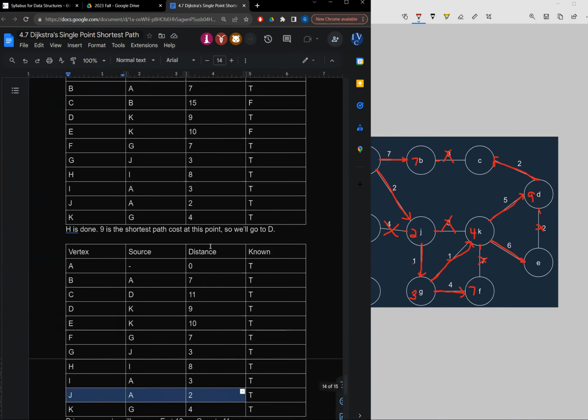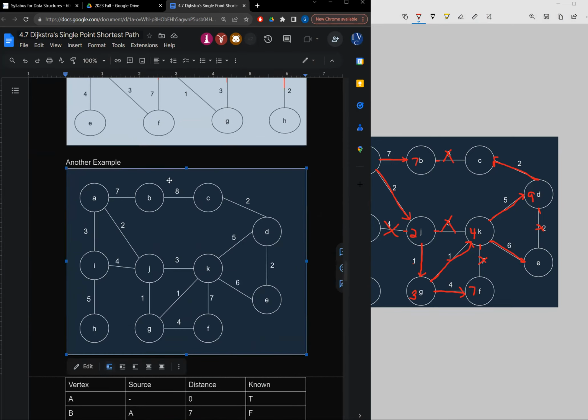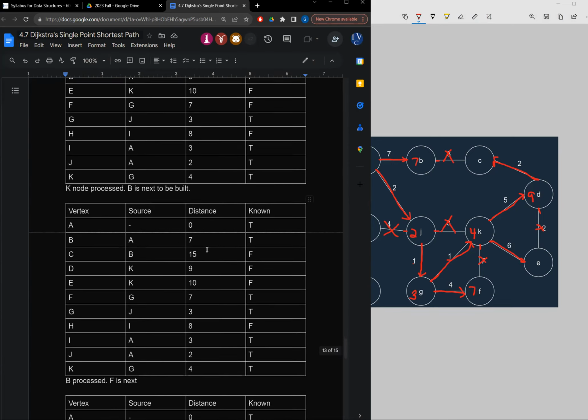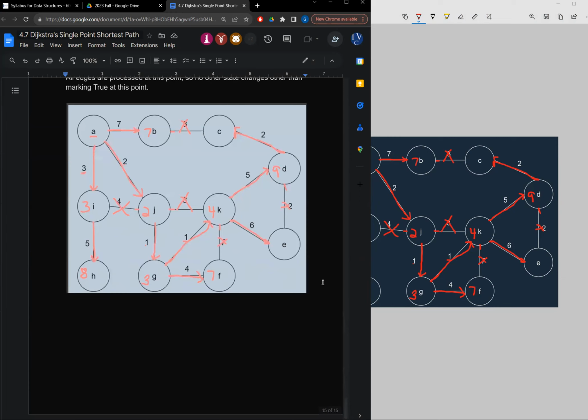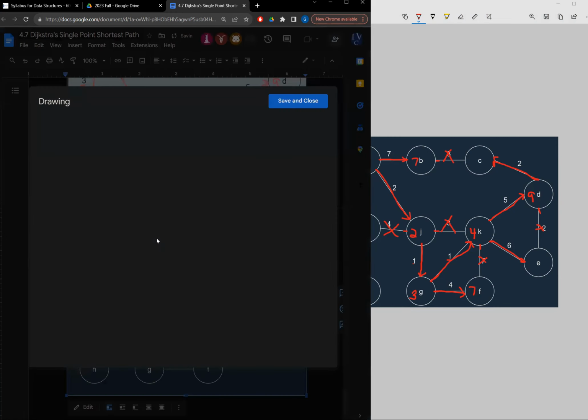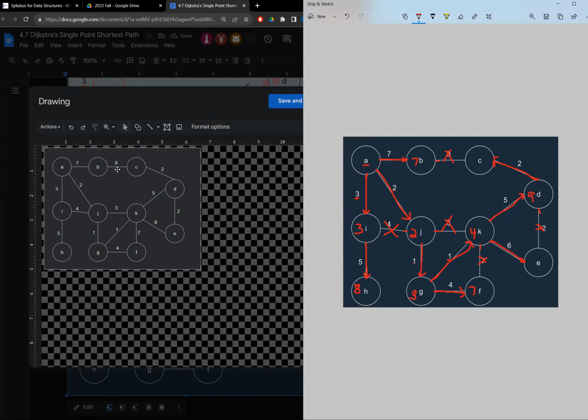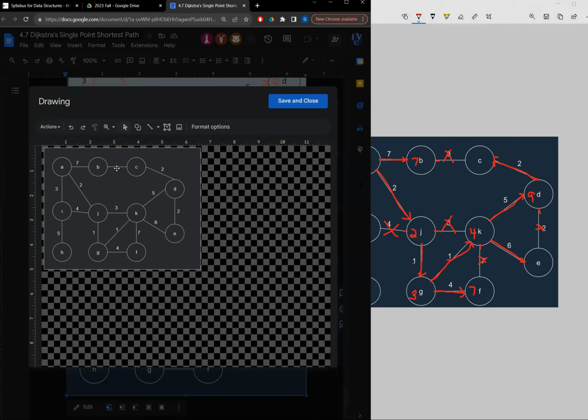So if we want to show the tree, take the graph and blow away the edges that we did not keep. So that went away.